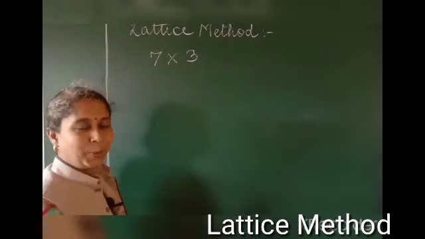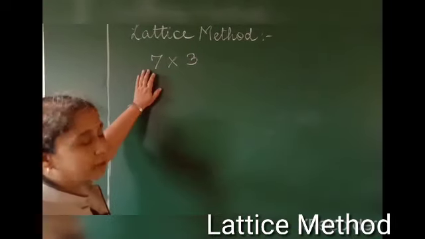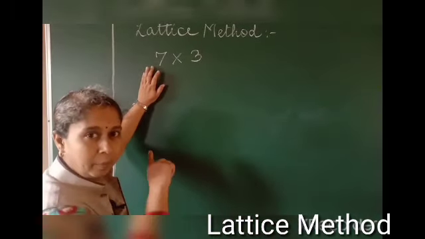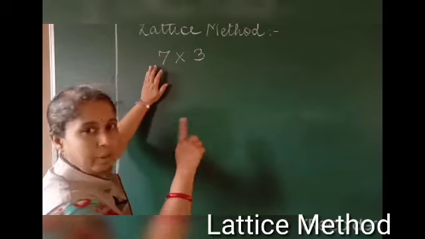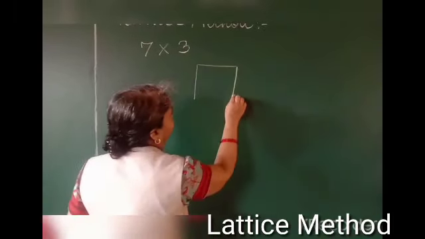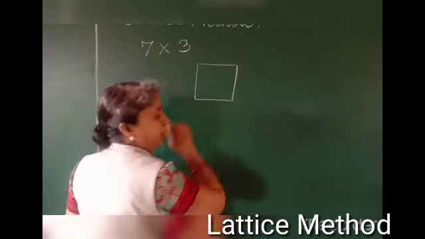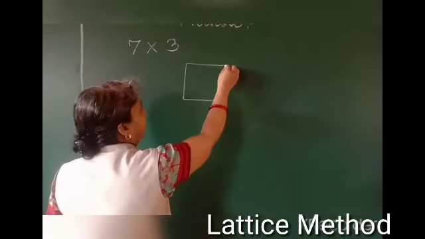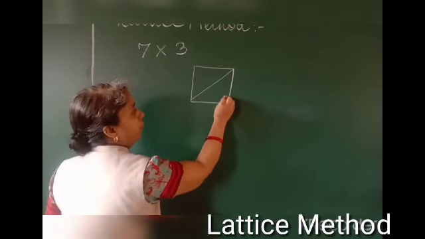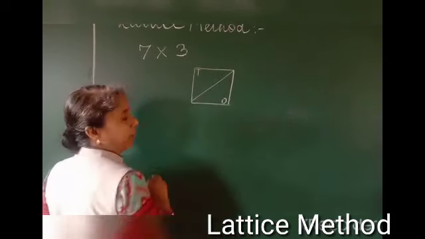I know you know the tables, but in this lattice method, how we have to solve it is a block-making field, and then how you have to divide that block. First thing is you will make this block, okay? Is it clear? After making this block you will divide it into two parts. This part is for ones and this part is for tens.